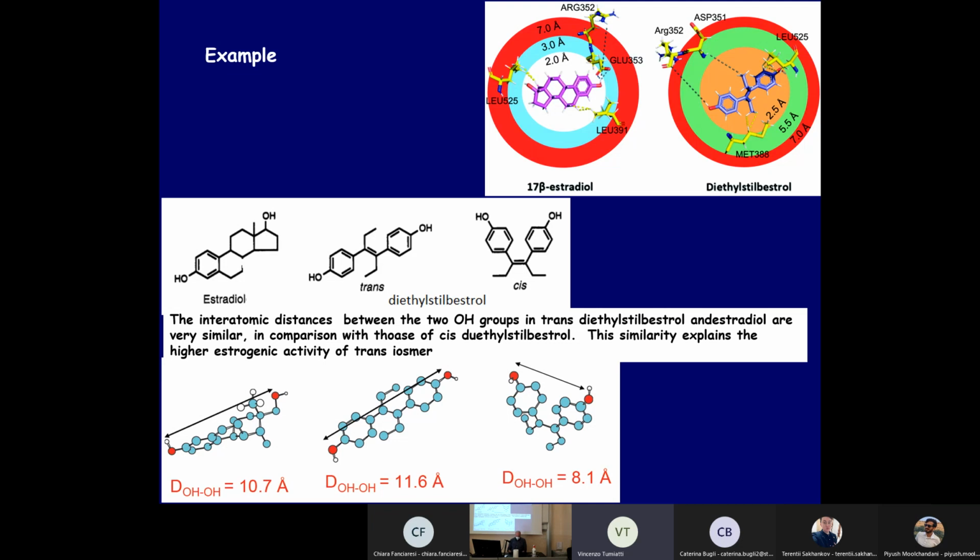These scientists performed several experiments at that time, and they found that effectively only trans-diethylstilbestrol was able to activate the hormone receptors like estradiol, and not this cis isomer. This is a clear demonstration of the importance of this type of isomerism in medicinal chemistry.